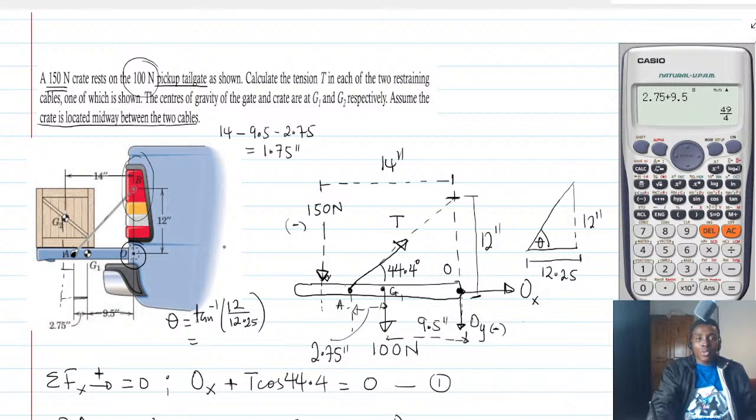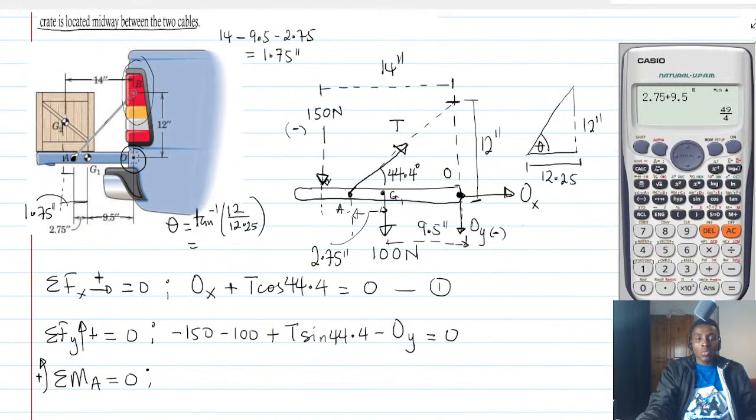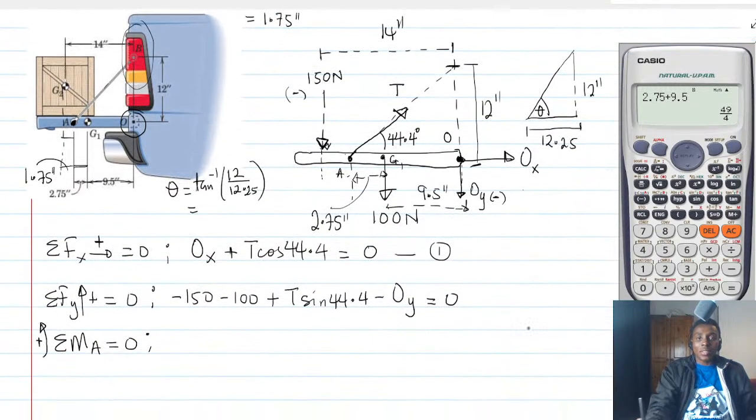We know that this small distance here is 1.75 inch. Is that right? Alright, so now let's start with the moment. We have established that the distance from this point to this point is 1.75 inches.